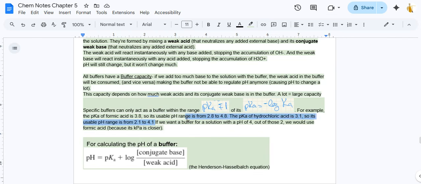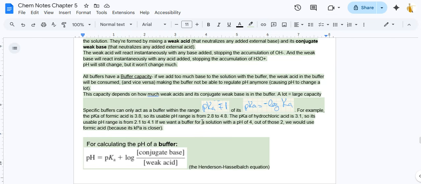And if we want to use a buffer for a solution, we want a buffer with a pH range that's closest to the pH of the solution.